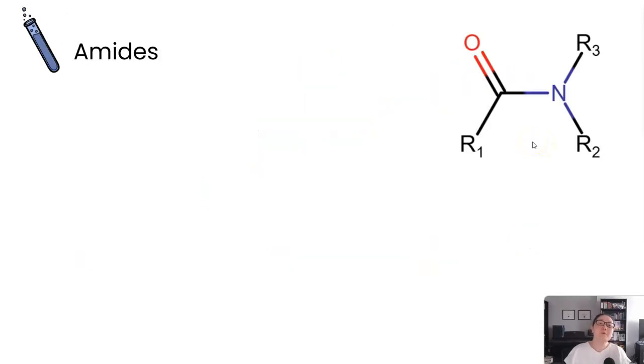And our last one, our amides. Your amide is going to look sort of familiar because it has some similarities with your esters. You have that carbon that's double bonded to an oxygen, but instead of another oxygen, it's going to have the nitrogen.